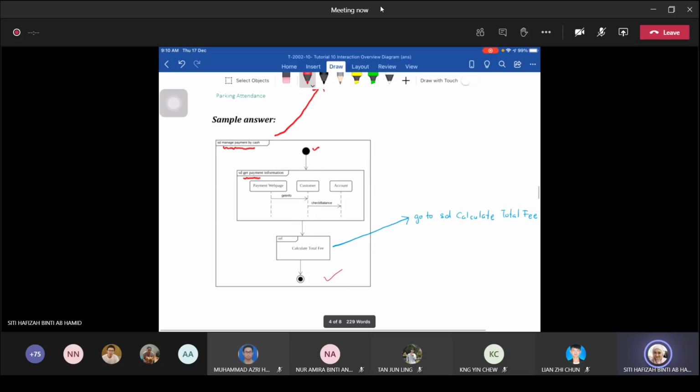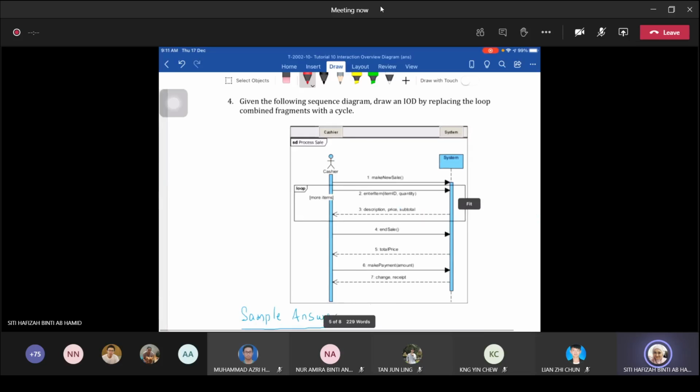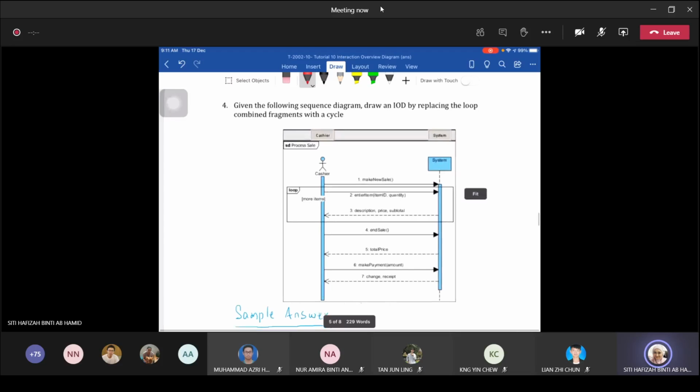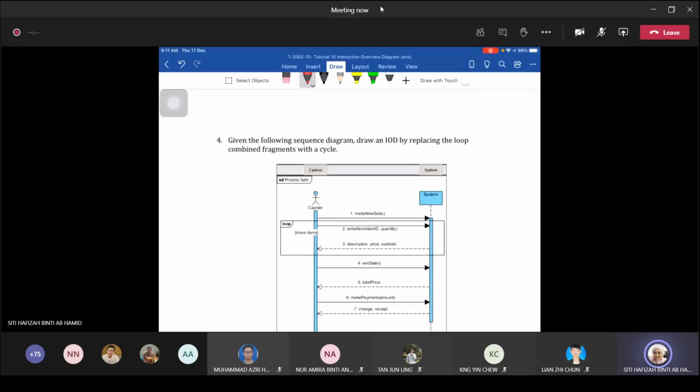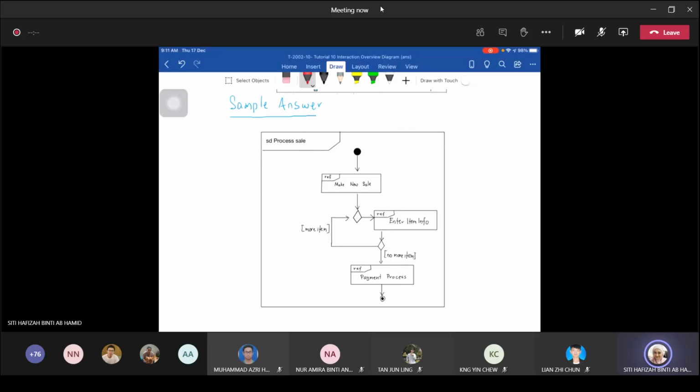So next question. Given the following sequence diagram, draw an IOD by replacing the loop. This one is about loop combined fragments with a cycle. So how are you going to do that? We know that this is the loop fragment. So I can have something like this: SD process sale, and then make new sale, and then enter.